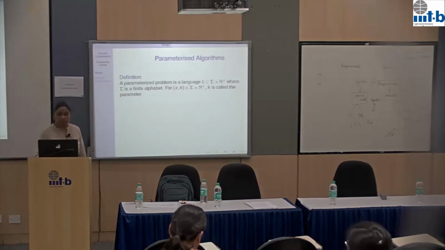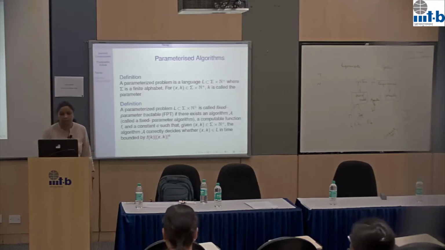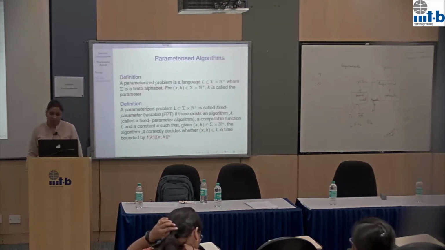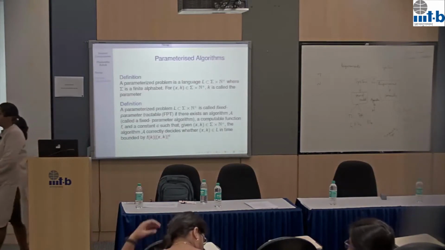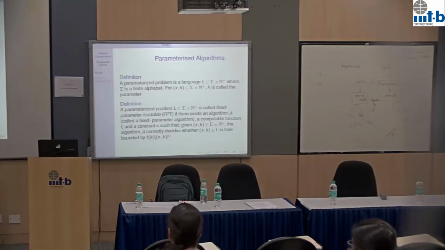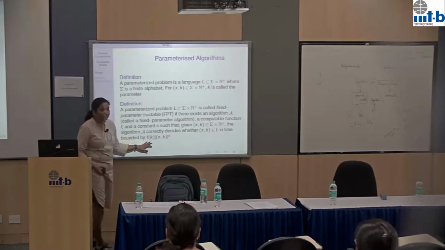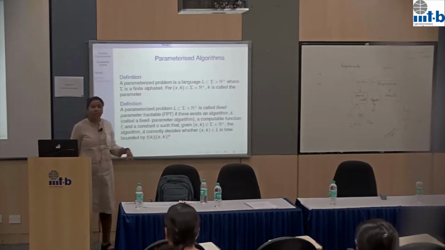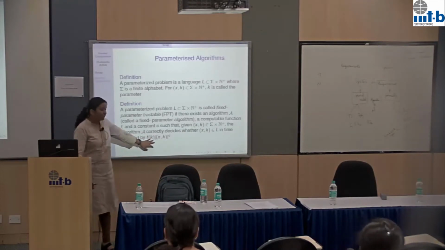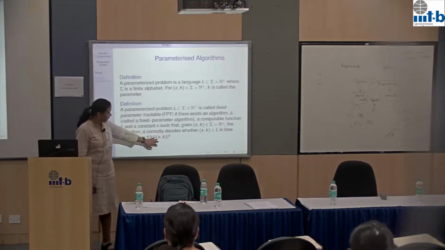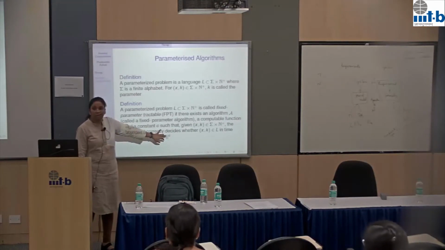And what are we looking for? We are looking for an algorithm, which we call an FPT algorithm, that will solve the problem exactly in time f of k, which is maybe a polynomial function, but it is independent of n. It depends only on k and is polynomial in input size.